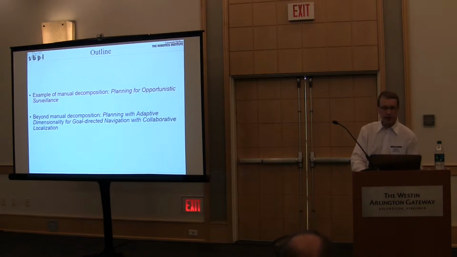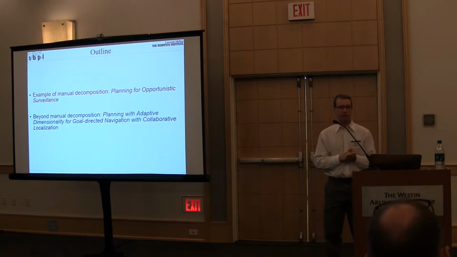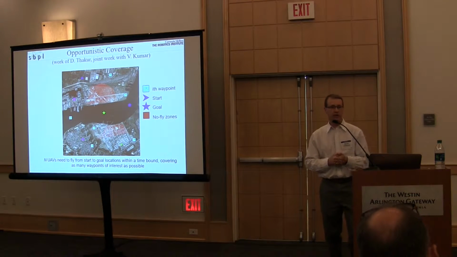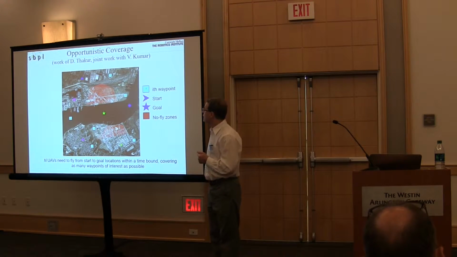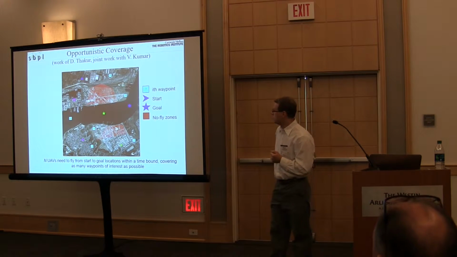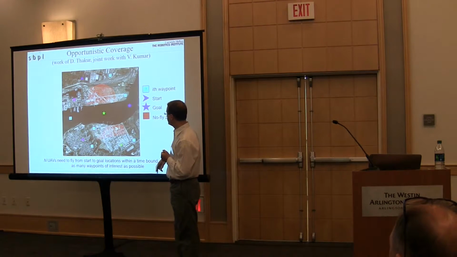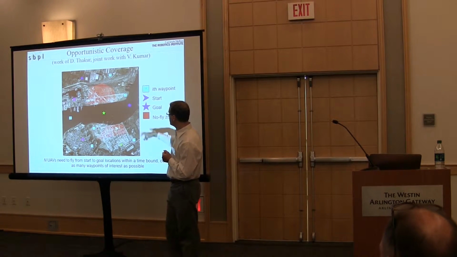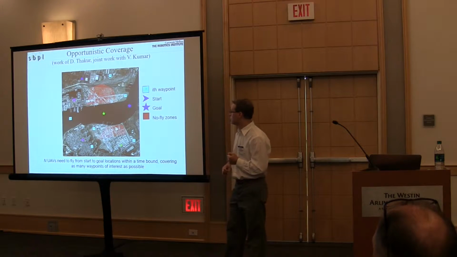So the first part, planning for opportunistic surveillance, is joint work with Vijay Kumar, and was done by Dinesh Thakur. The problem here is you have those UAVs, which are shown with those arrows, and they have to fly to their respective goal locations.